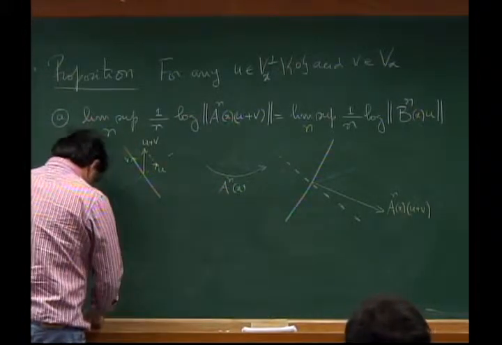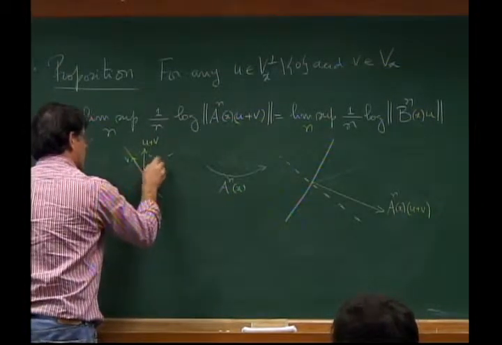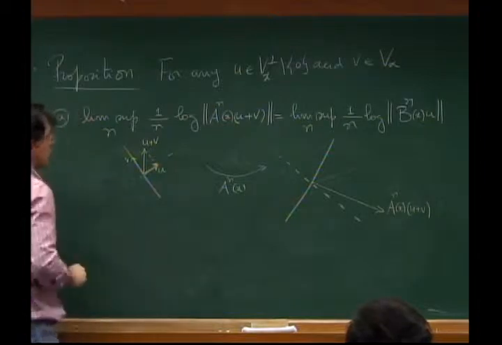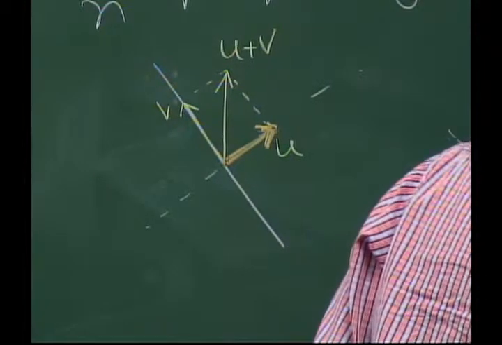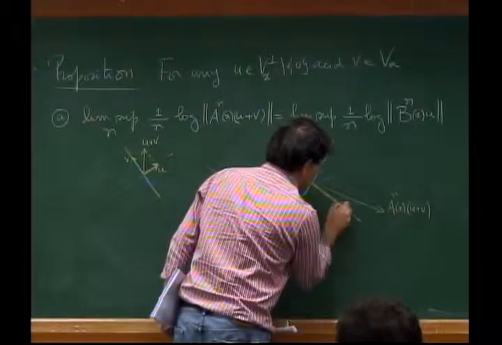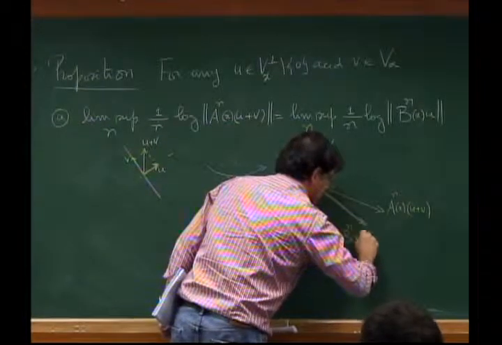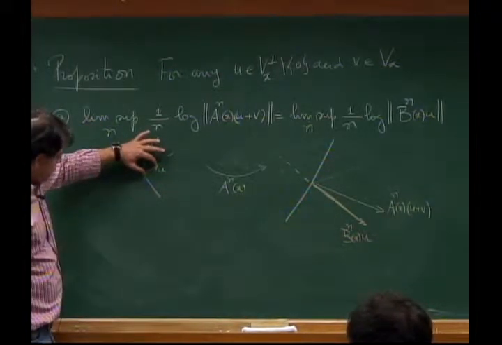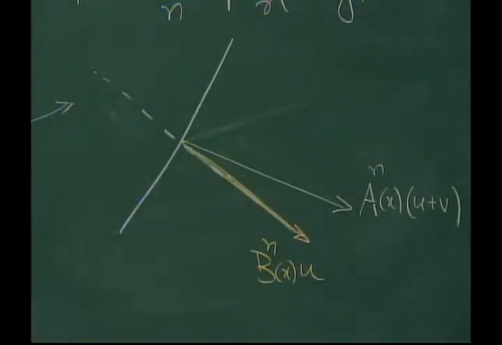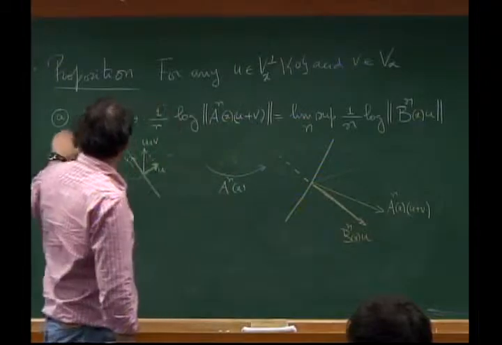Also, you can take the orange vector u here and look at its image, B n of x applied to u, the image of this vector by the matrix B n x applied n times.